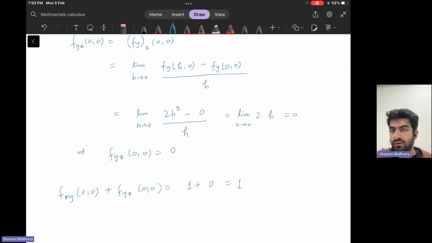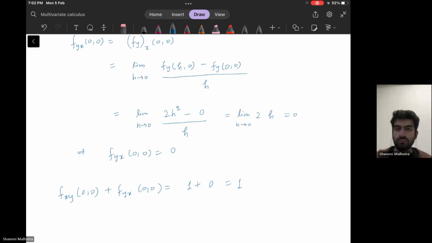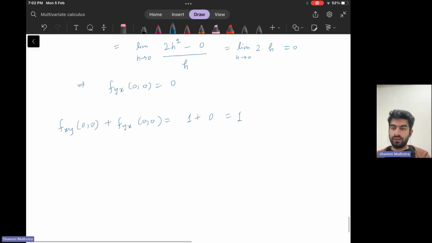You just have to apply the definition. So I think so far so good.